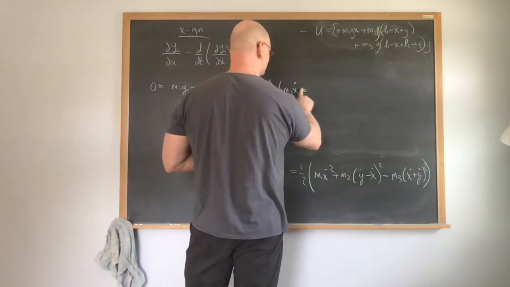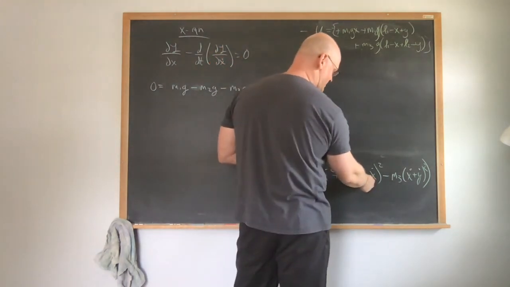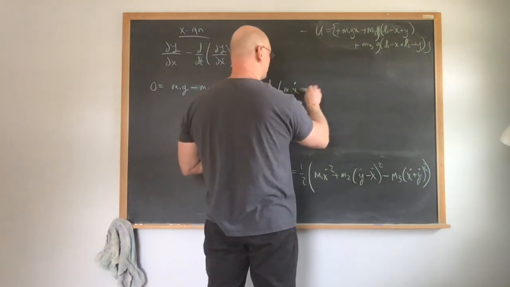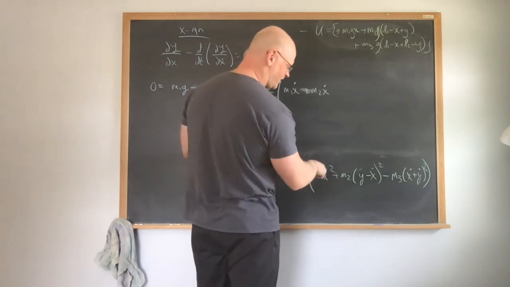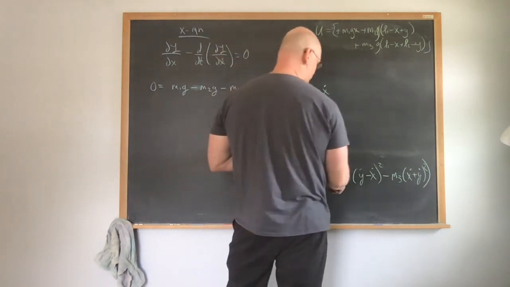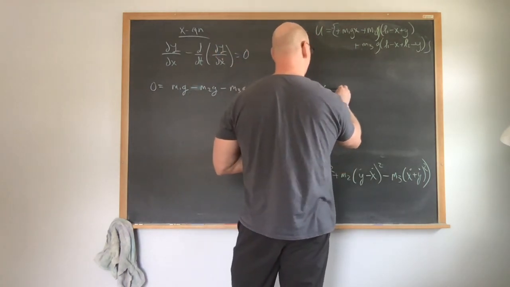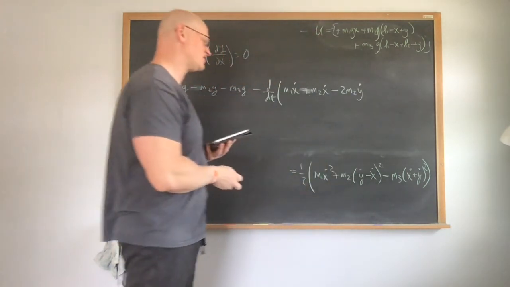And then from here, when I square this out, I'm going to get a y dot squared plus an x dot squared. So this is going to give me a plus m2 times x dot, but then I'm also going to get a cross term, which is a minus x dot times y dot with a minus 2. So I'm going to get a minus 2 times m2 y dot. That's going to be from that term.